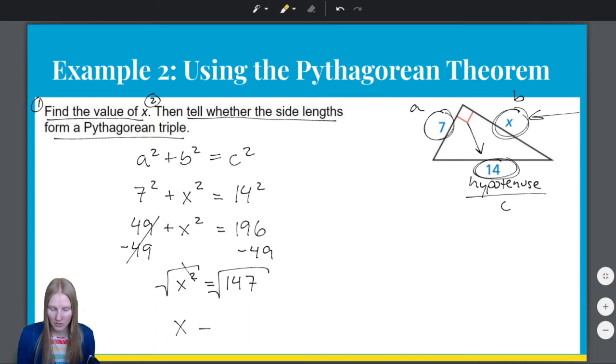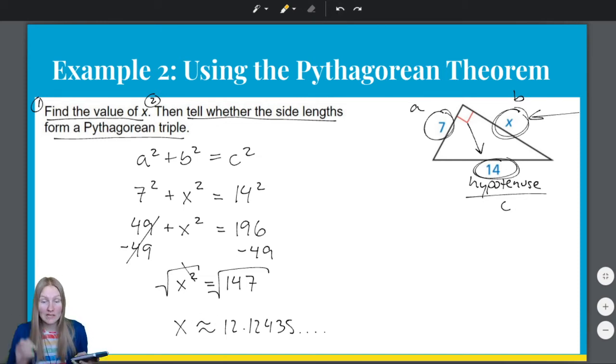If I give you the big long decimal, 12.12435, blah, blah, blah, that is an approximate answer. We have to use the squiggly equal sign, which means approximate, and it's not an exact answer. Sometimes that's okay.